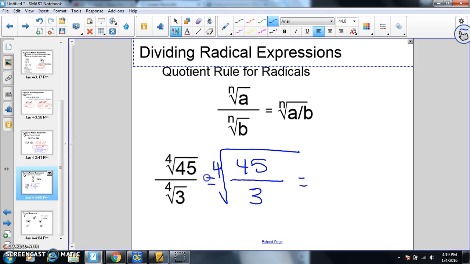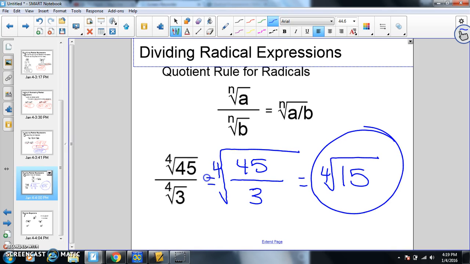Which is the same thing as the 4th root of 15. And we're going to think about this here. What times what gives me 15? 3 times 5. That doesn't give me a multiple of 4 anywhere. So my simplified answer is 4th root of 15.